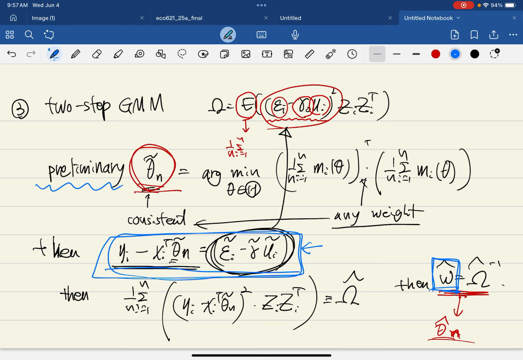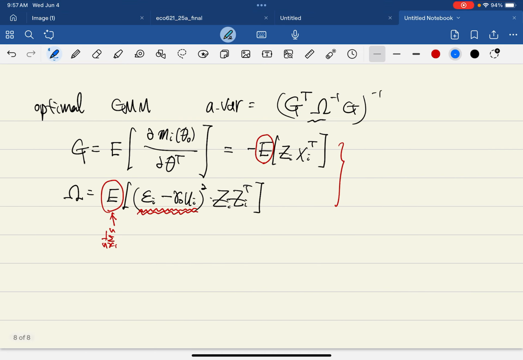So we had to use a separate theta to calculate the weighting matrix, but here we are calculating variance, which comes after the main estimation. So simply you may estimate this part as y_i minus x_i prime theta hat. That's sufficient. Pretty simple.